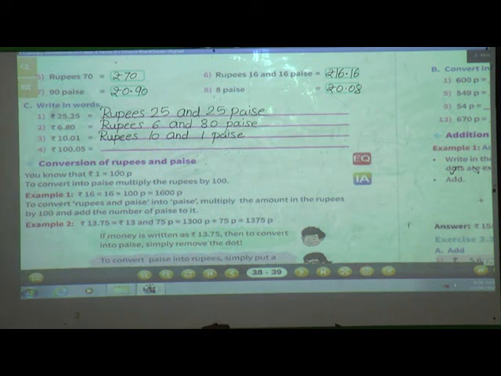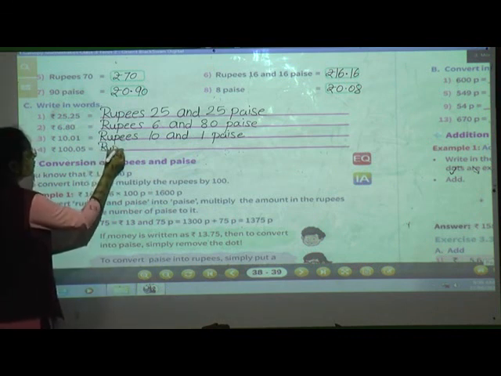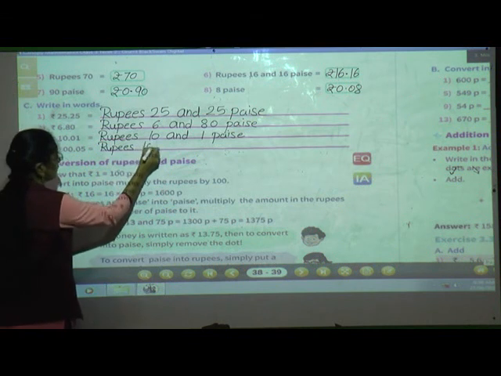Okay, now see the last example. Rupees 100.05. How many rupees are there? 100. So write first rupees 100.